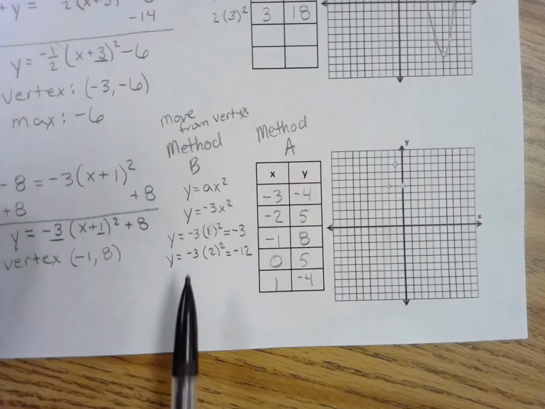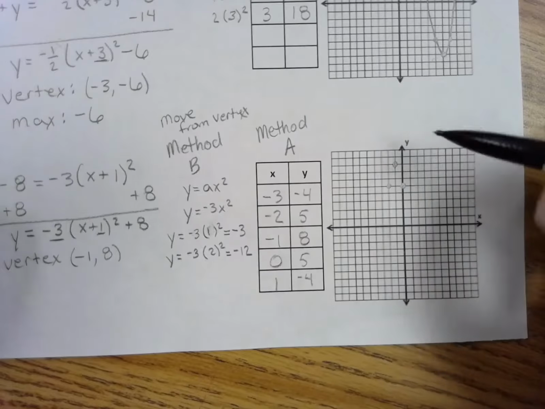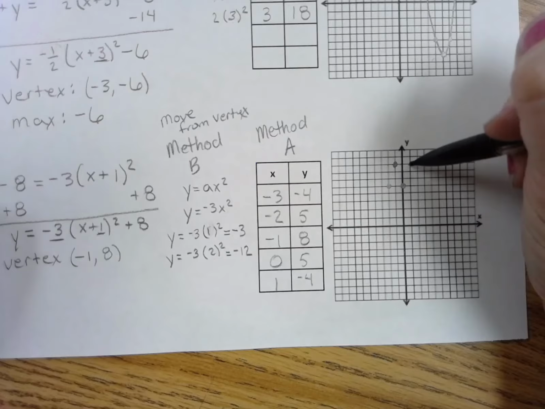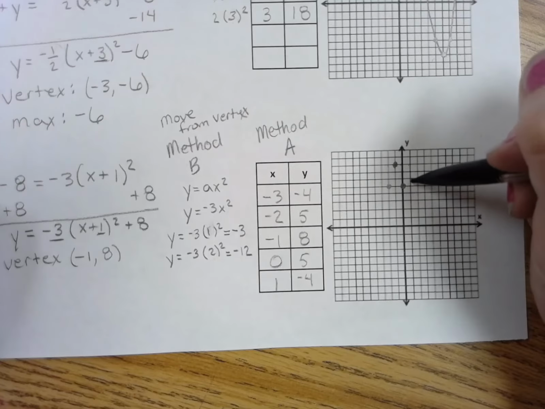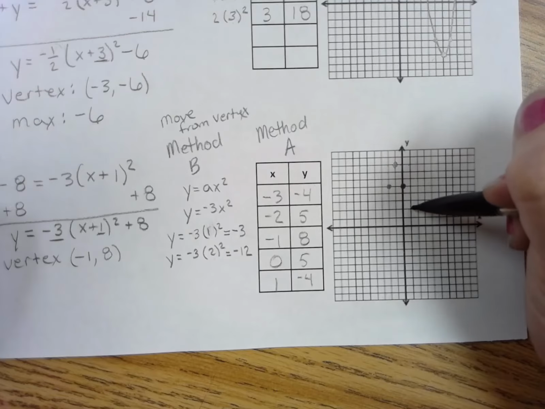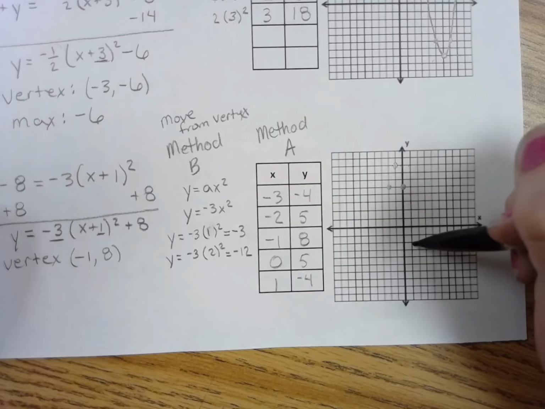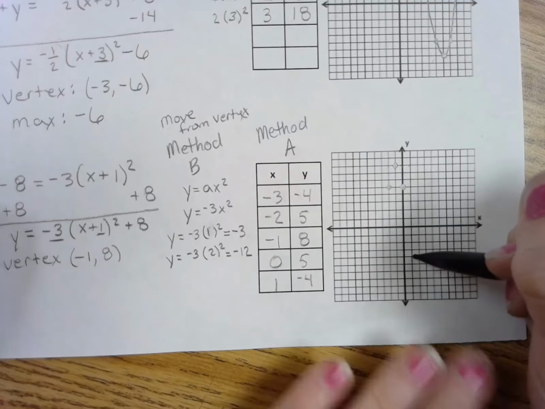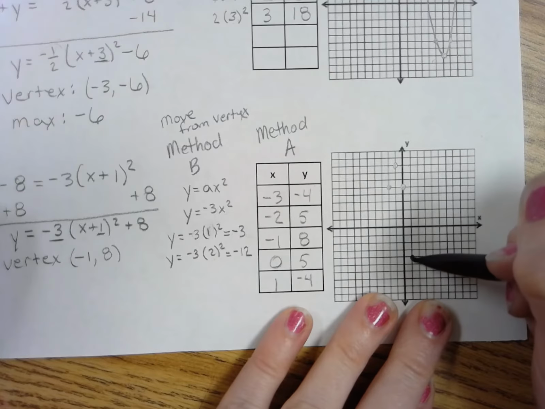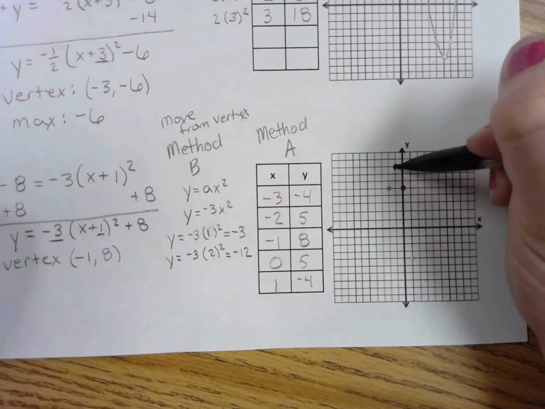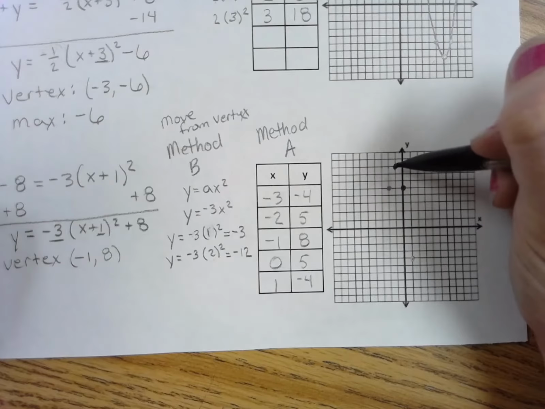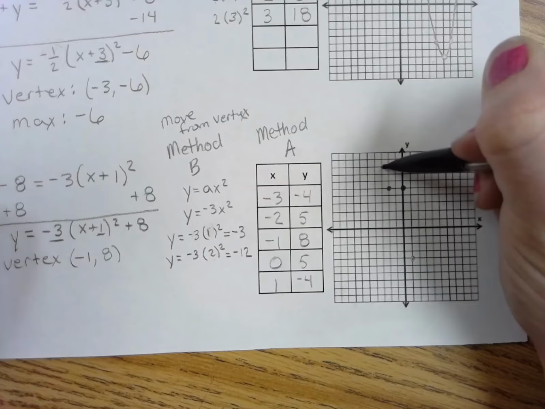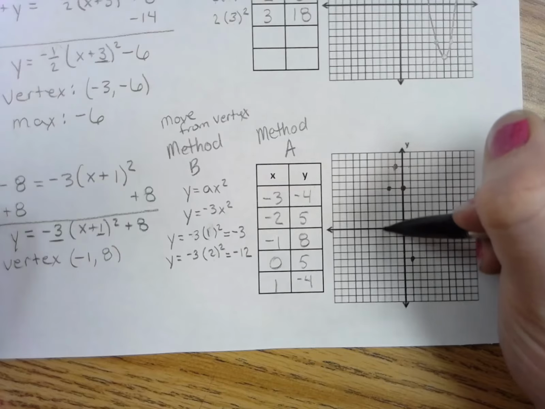So moving from the vertex, we're going to go 2 places away in the x direction and 12 in the negative direction for y. So again, going back to our vertex, go in the negative x direction 2 places, and 12 for the y, but of course going down in the negative direction.